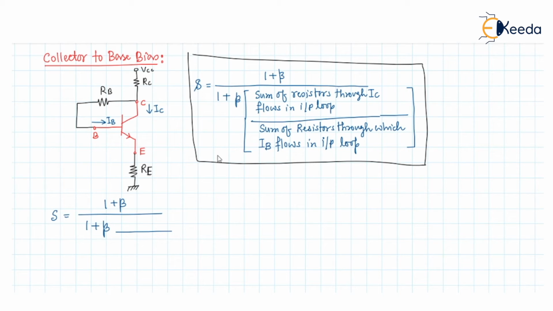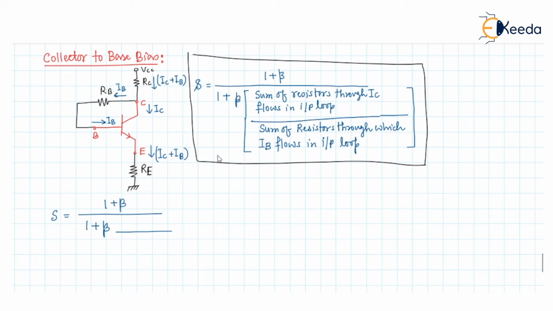So through the RC resistor, there must be the current IC plus IB, and in the emitter we can say the IC plus IB current is also flowing.